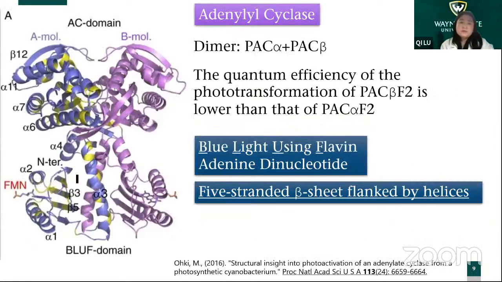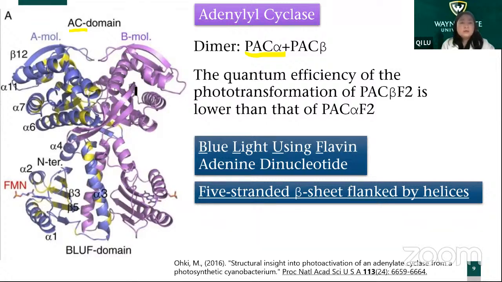This is also from the previous lecture, and it shows the dimer of the BLUF. This structure is the PAC, and it has an adenylyl cyclase domain in this part.